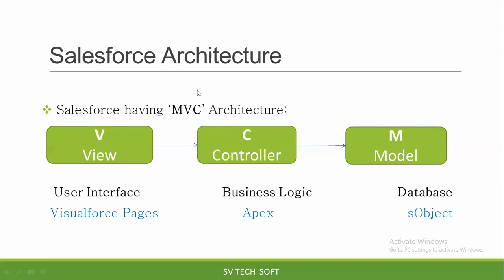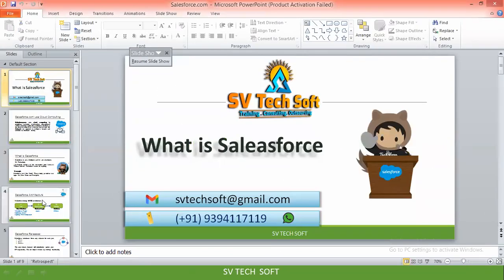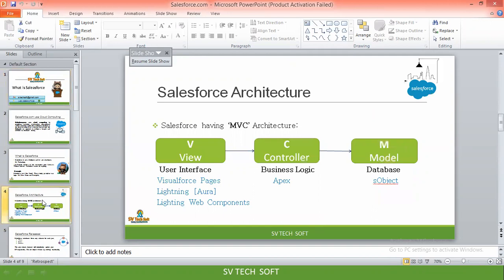If you build any product in Salesforce, you can build everything inside Salesforce only. No need to take any separate front end, business logic, or database. Everything is provided by Salesforce. That is the reason Salesforce is more and more popular in the market. Is this clear?